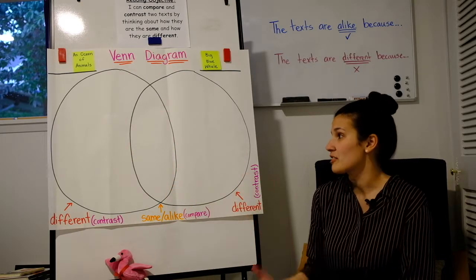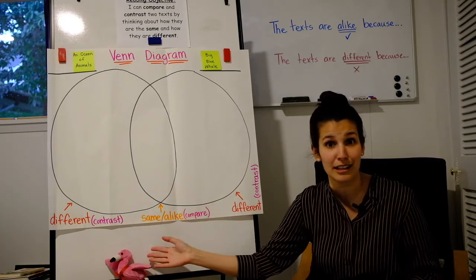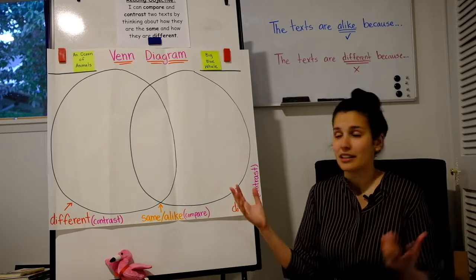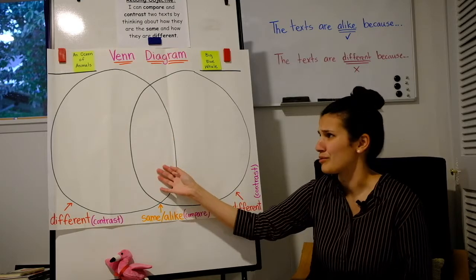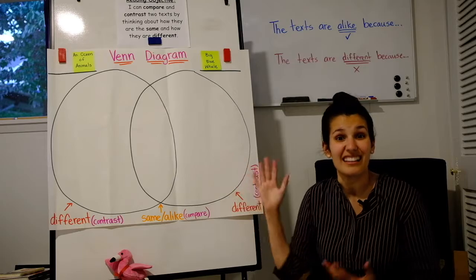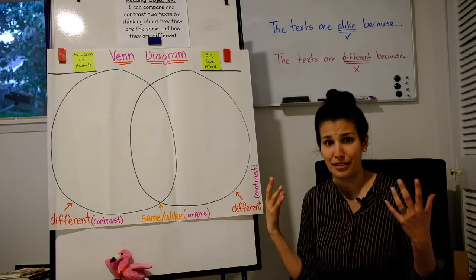And what this allows us to do is to think about two things. It can be anything. It can be a turn and talk partner. It can be a toy. It can be a book. And you can think, how are they the same? And we would write that in the middle. And how are they different? And we would write that on the sides. And this is just a little way for us to organize our thinking.